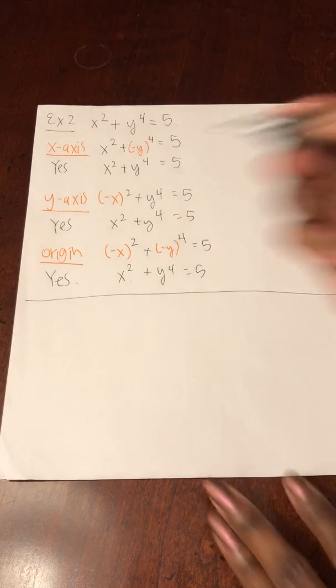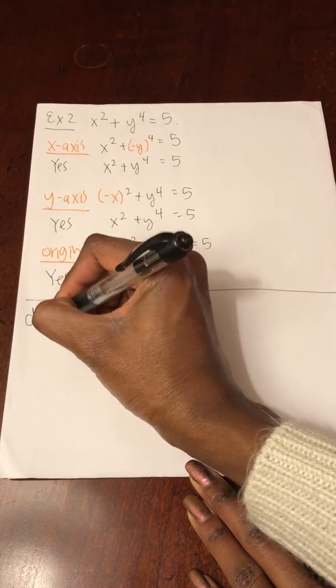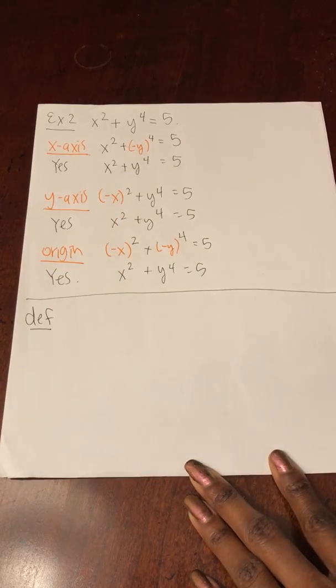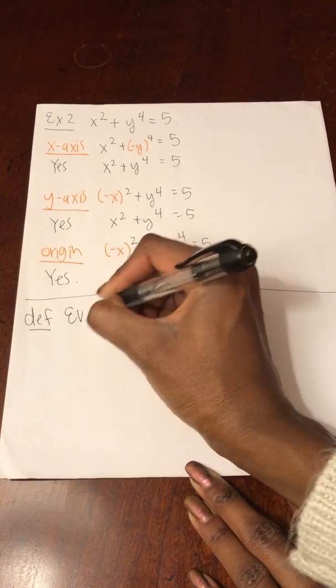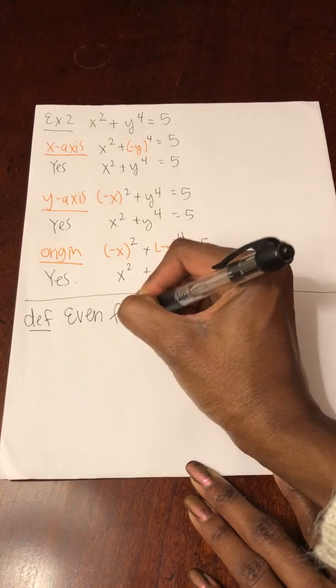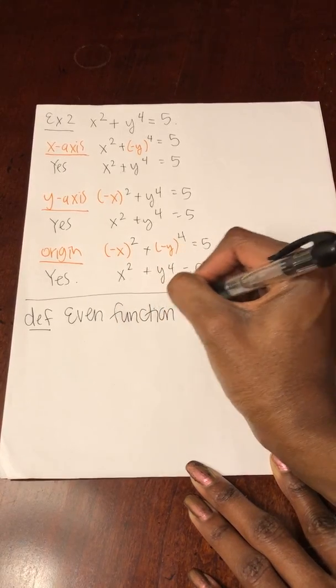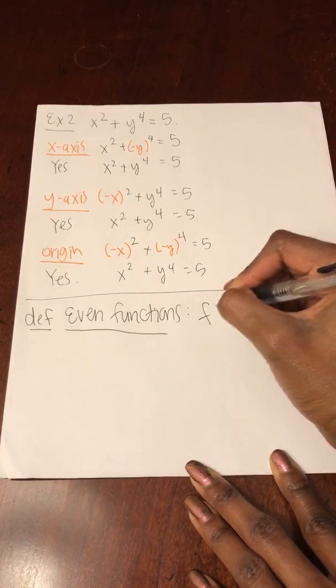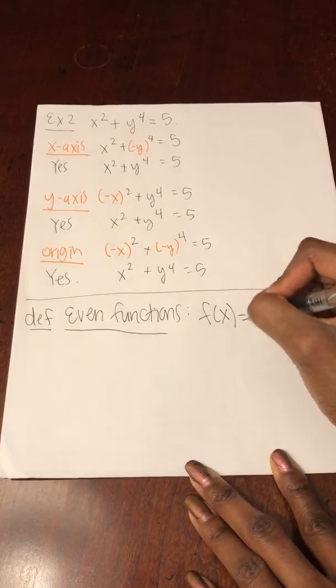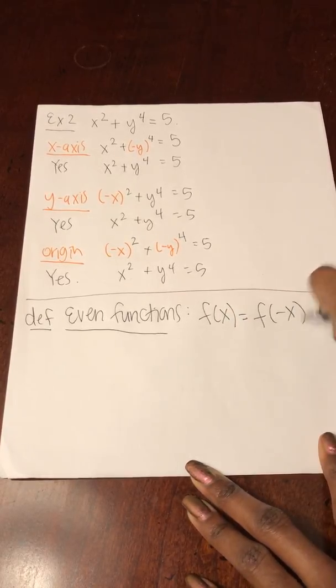So now we're going to do one more definition. And it's going to be even and odd functions, okay? So we have even functions. And this is basically denoted as f of x equal to f of negative x.